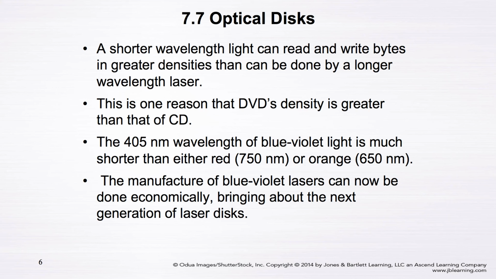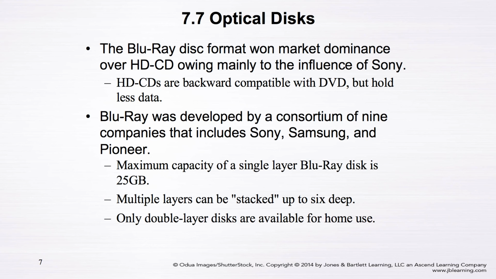The manufacture of blue violet lasers can now be done economically, bringing about the next generation of laser disc. The Blu-ray disc format won the market dominance over HD DVD, mainly due to the influence of Sony, the company that supported the Blu-ray format.